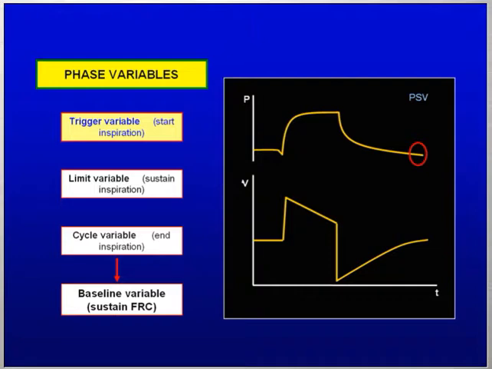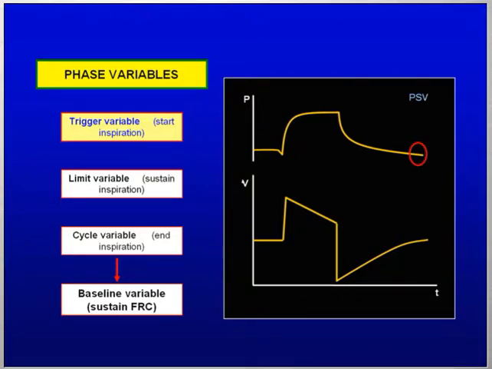If you change a trigger variable, for instance, from a pressure or flow signal to a time signal, you switch from assisted ventilation to what is called controlled ventilation. But for the patient, he may interact with both modes maybe in the same way.